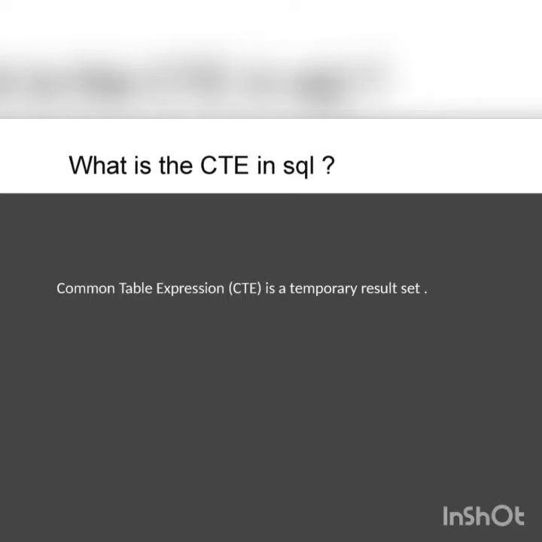If I am using a very small data set, then I am going to use a common table expression, because a common table expression is a temporary result set. I usually go with a common table expression whenever I am writing views.